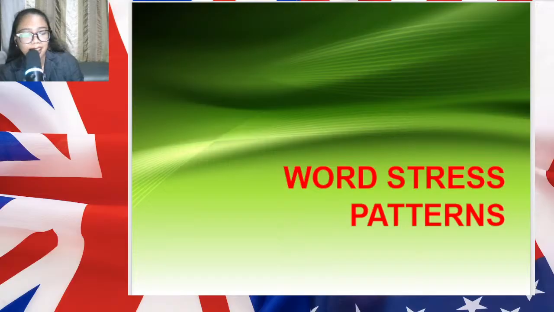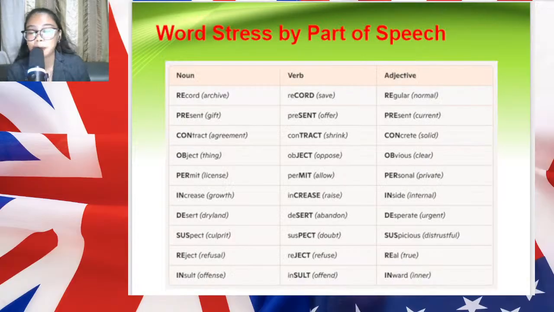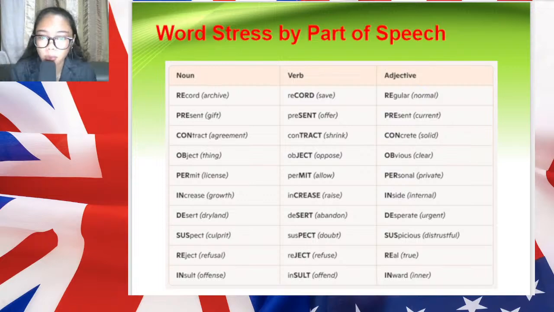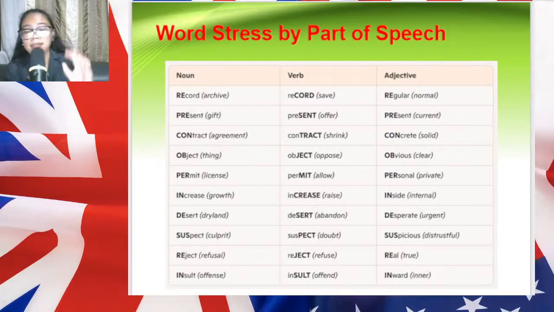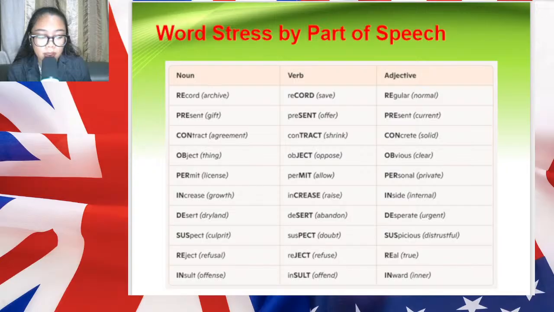All right. Let's move on to word stress patterns. Now, as you can see, this is a continuation of what we talked about yesterday and what we practiced earlier. So, I've provided a table just for you to really see the differences between the words as a noun, as a verb, as well as an adjective.